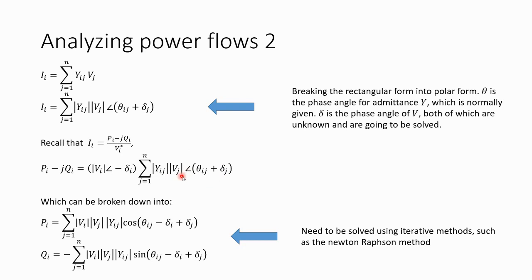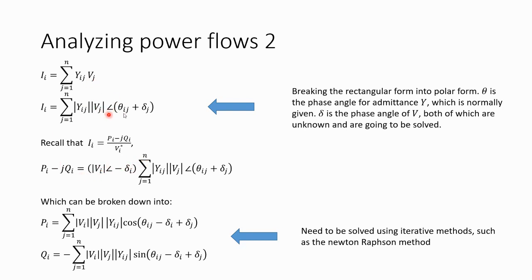The same goes to here: YV cos (theta plus delta) plus YV j sine (theta plus delta). And the cos term will be your real part, and the sine term will be your imaginary part.